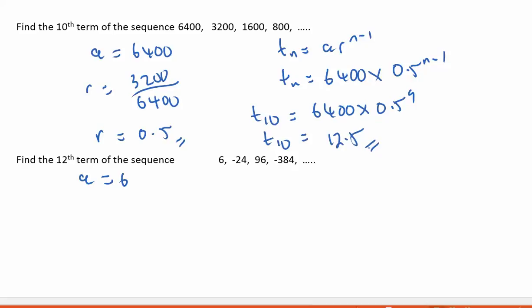Now, in the second example on this page, we go from 6 to negative 24. So my common ratio is negative 4, and my first term is 6.